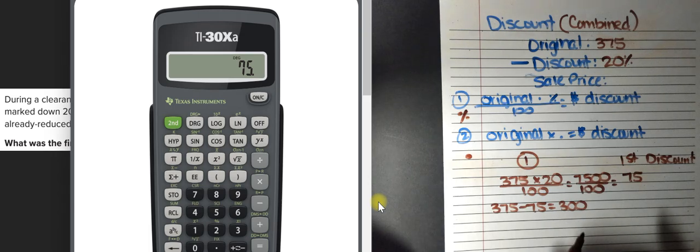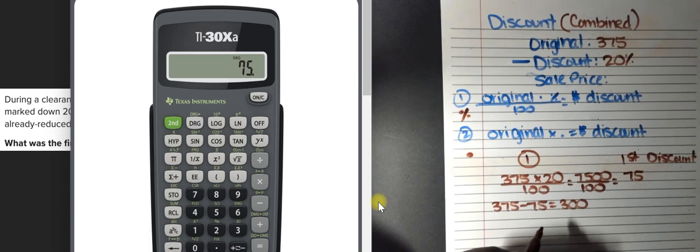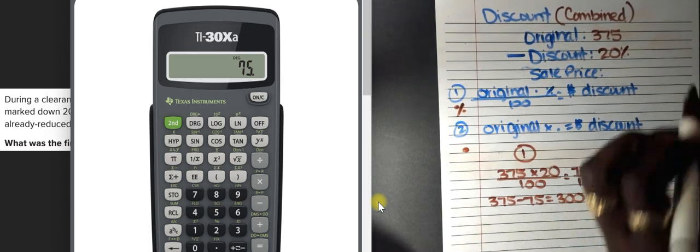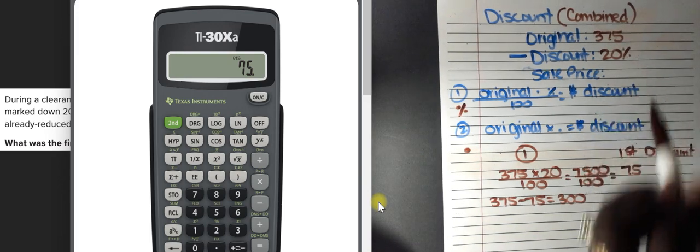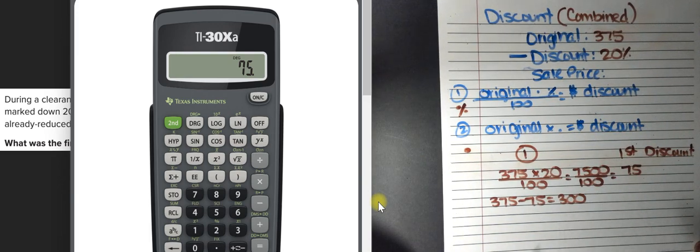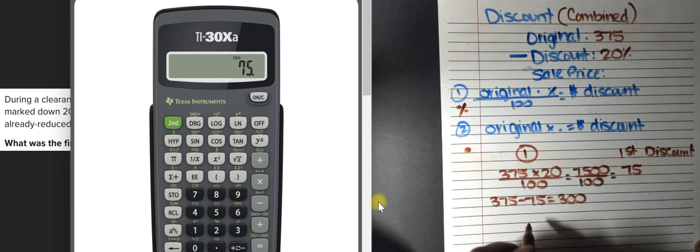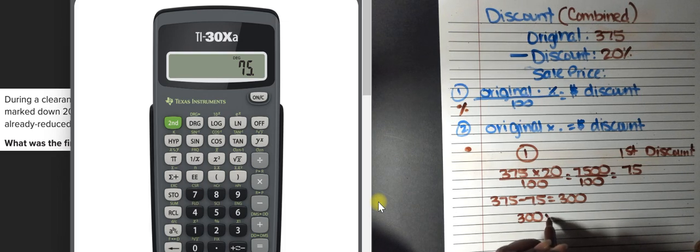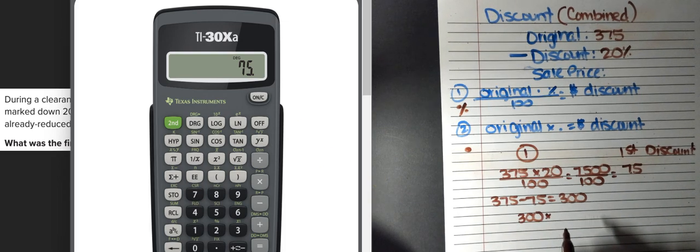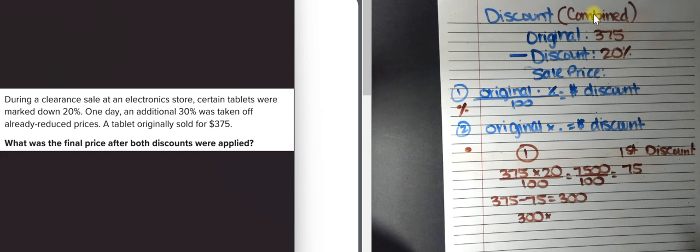But then we have a second discount. So now we're going to go back and do the same steps again. So now our original price is not 375. Now we're comparing it to 300. So we're going to go here and say 300 times, what's the next percentage that they gave us? 30%. Okay.